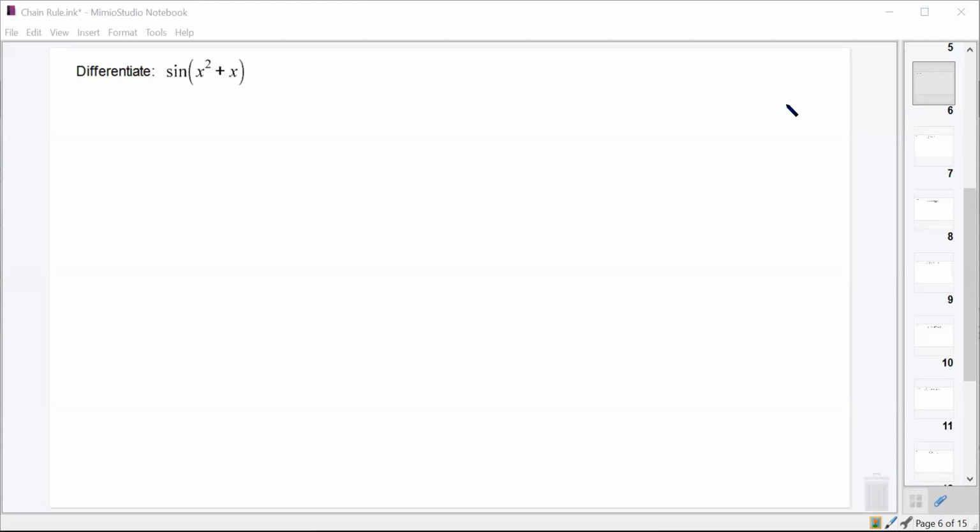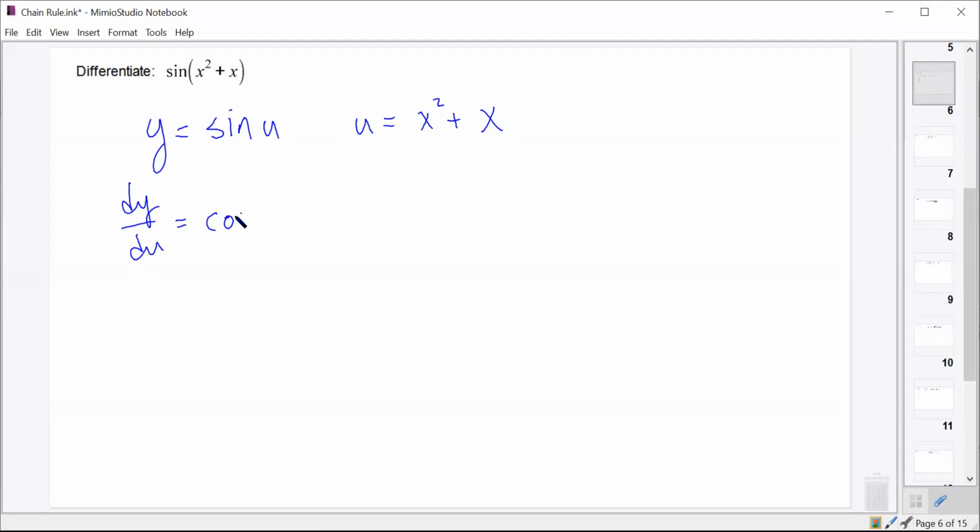So remember, differentiate just means take the derivative. So we're looking at a function, we'll say y equals sine of u, with u equal to x squared plus x. And what is dy du? Cosine u. Right.